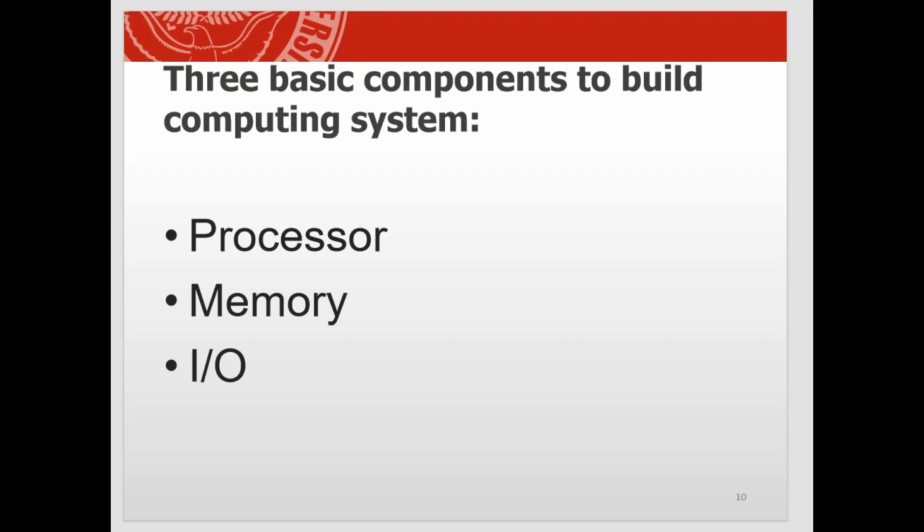Ang task niya or function niya is to interpret and execute programs. Second naman na basic component, we have the memory. Of course, ang purpose is to store both data and programs. And lastly, we have the input-output, which is a mechanism for transferring data to and from the outside world.